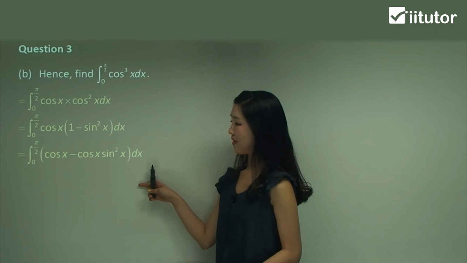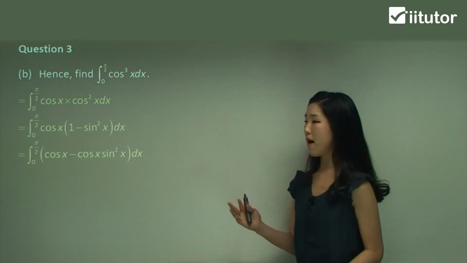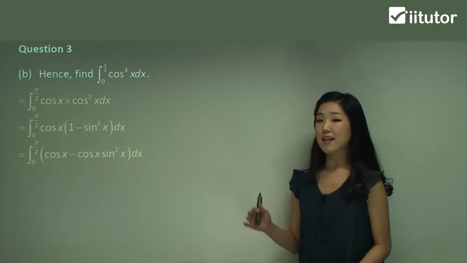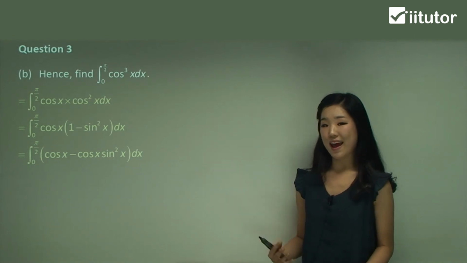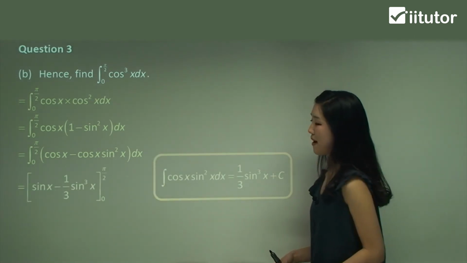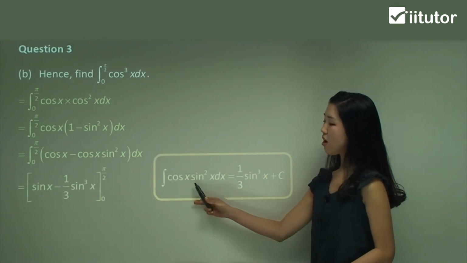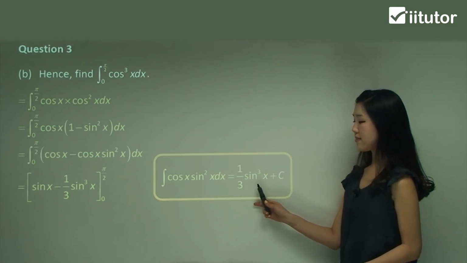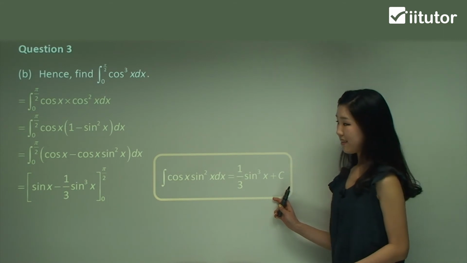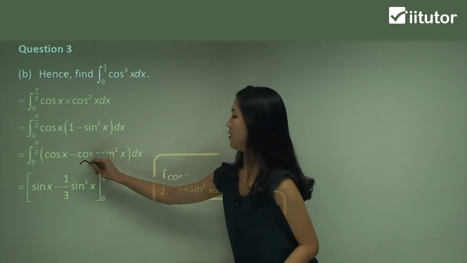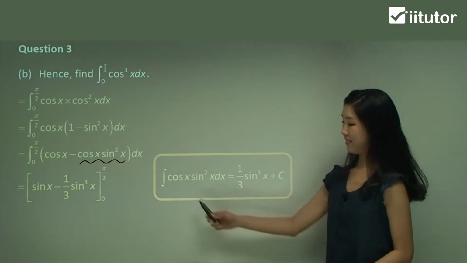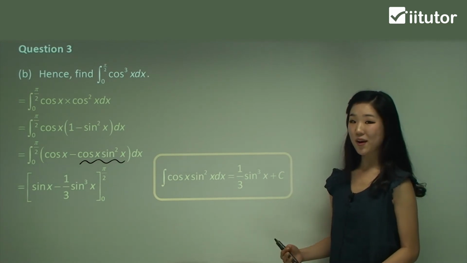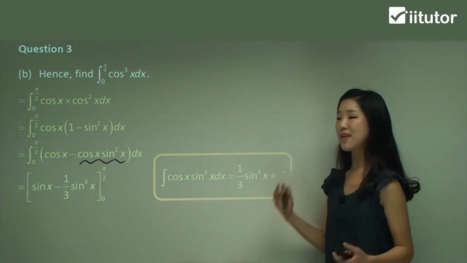For those who are still wondering why I'm doing this, it's because I want to utilize my part A. Remember, part A said the integral of cos x sine squared x dx is 1 on 3 sine x cubed plus c. Can you see that? So I don't have to do all that integration.